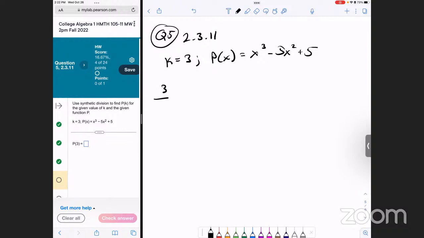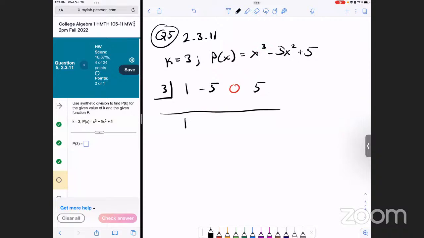Let's do our 3 in the chair. Since we have a degree 3, we're supposed to have 4 terms. We need a placeholder. So it looks like the power of 1 is missing. So we're going to need a placeholder. 1, -5, and right here, we need a placeholder, and then 5. Again, we have a degree 3 polynomial, so we needed 4 terms. So we're good to go there.